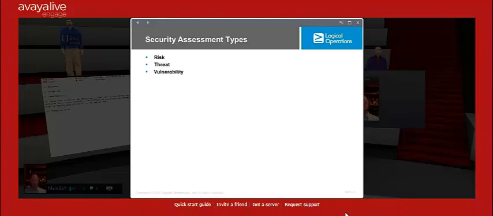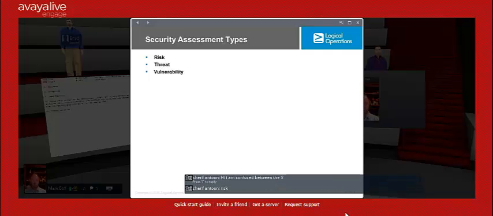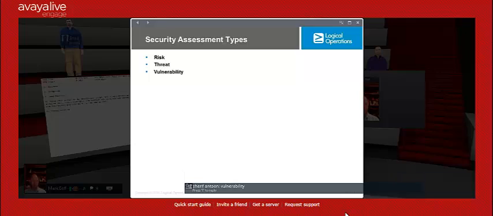Your different assets, your different information systems or information within those systems are going to be of interest to different parties. So to sum up, a threat is who would benefit from exploiting this asset.